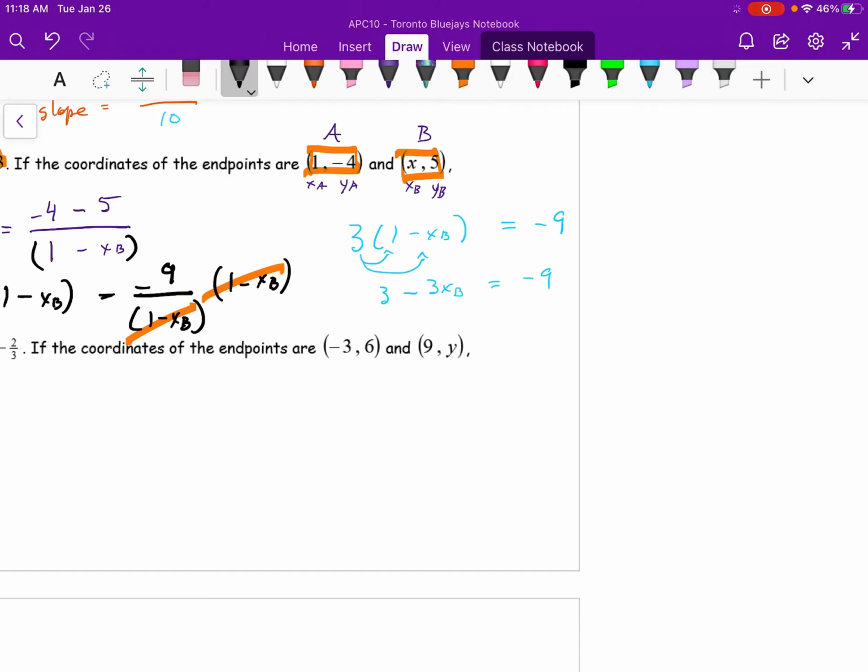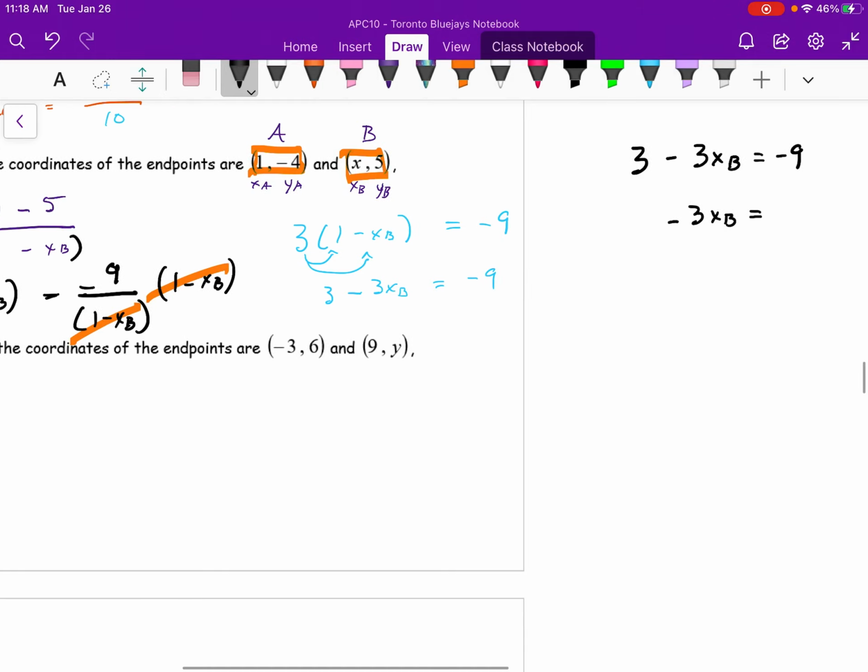Now, I'm just going to take some real estate here. So if I have 3 minus 3XB is equal to negative 9, I am going to subtract 3 from both sides. So negative 9 subtract 3 changes this to negative 12.